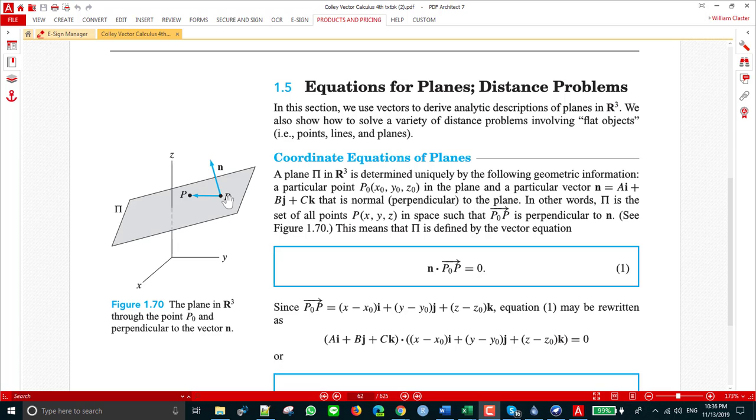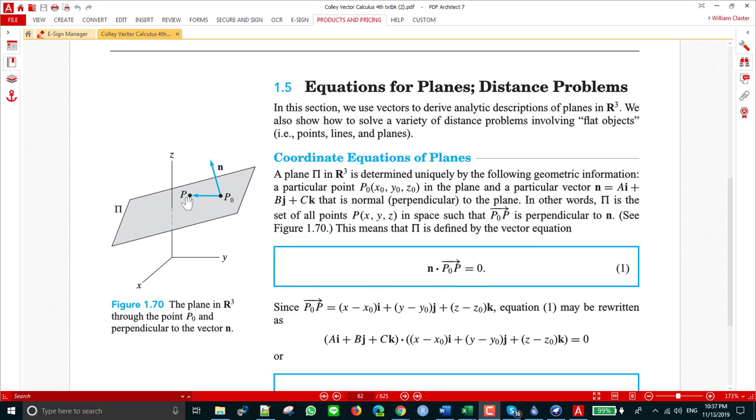That means they have to be perpendicular. Remember that the dot product has the cosine in it, so the cosine is going to be 0 when the angle between them is perpendicular.